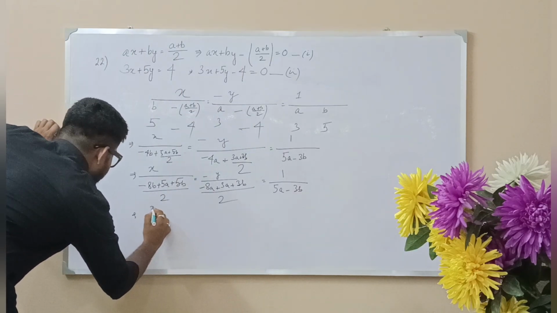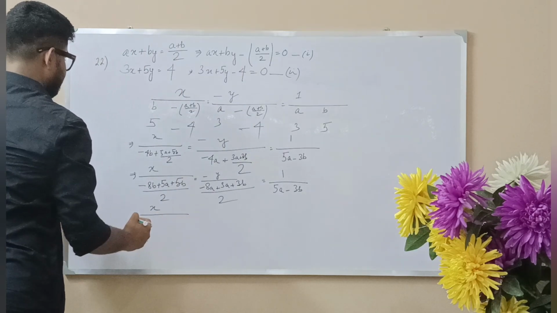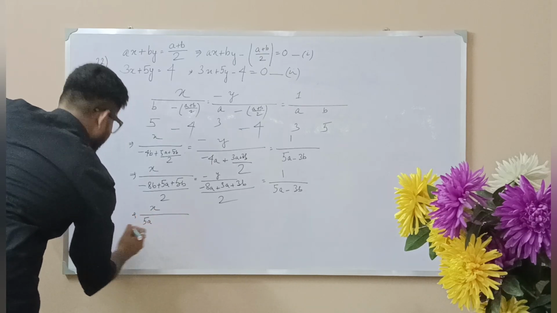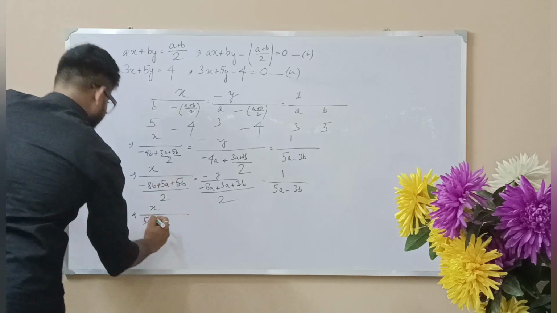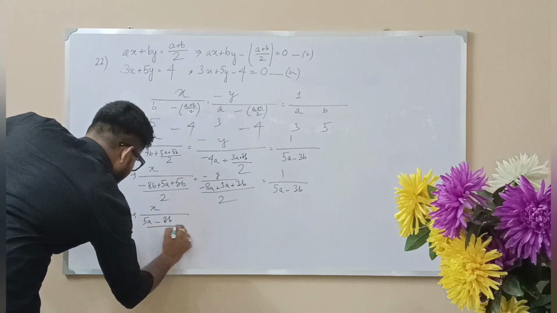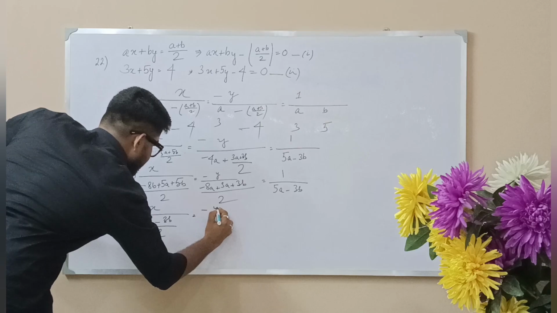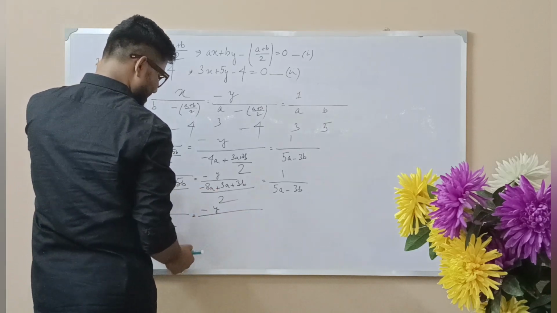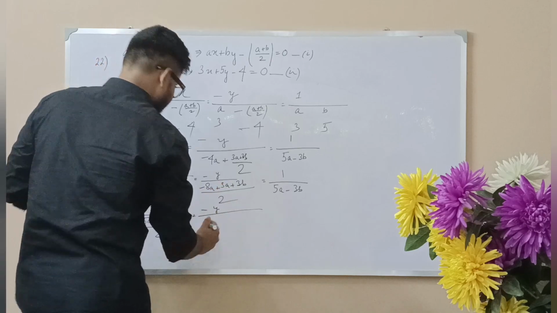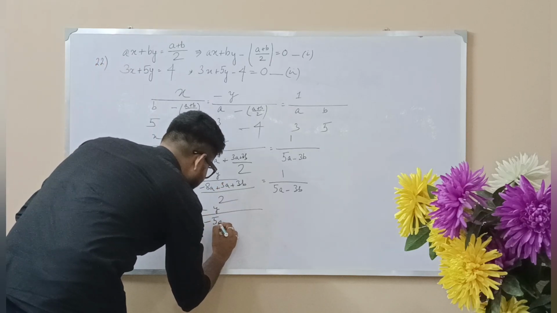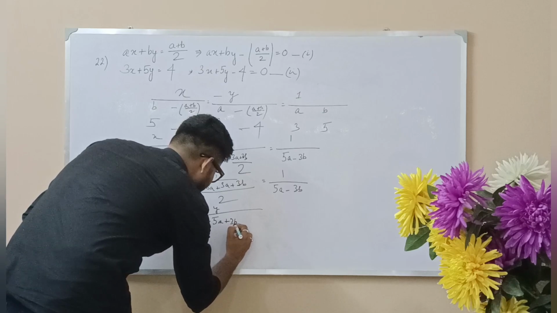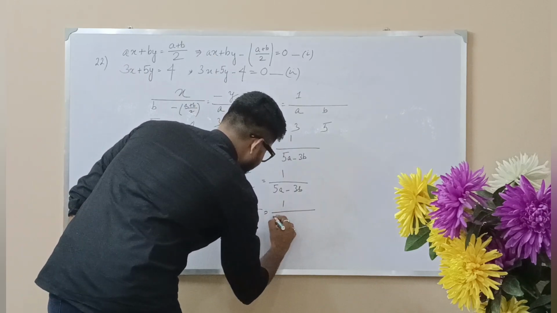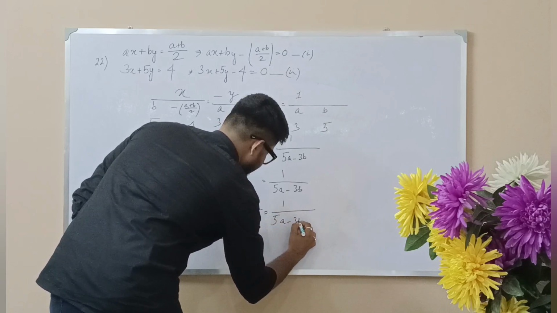So we'll get x by (5a minus 8b plus 5b will give you minus 3b by 2) equals minus y by (again minus 8a plus 3a will give you minus of 5a plus 3b by 2) equals 1 by (5a minus 3b).